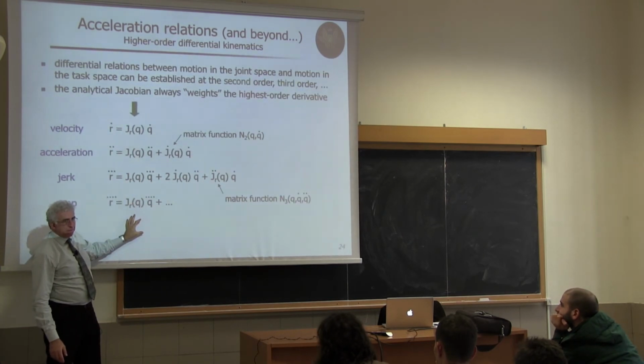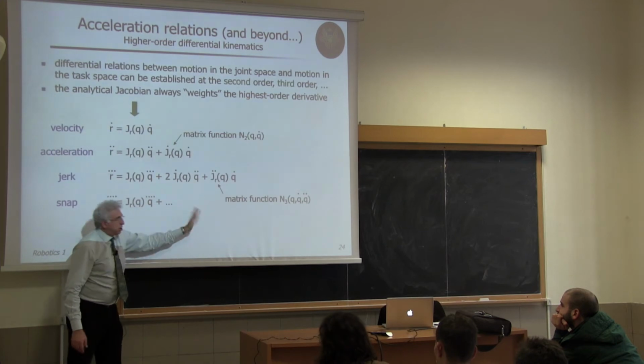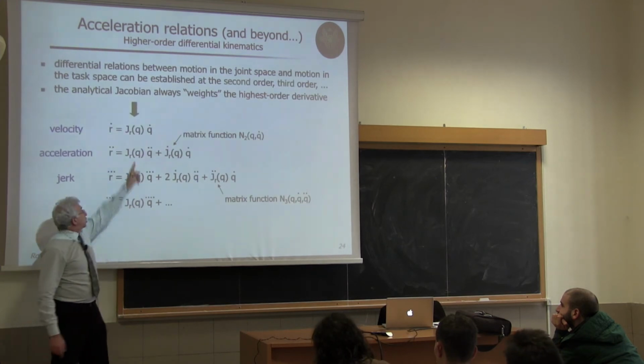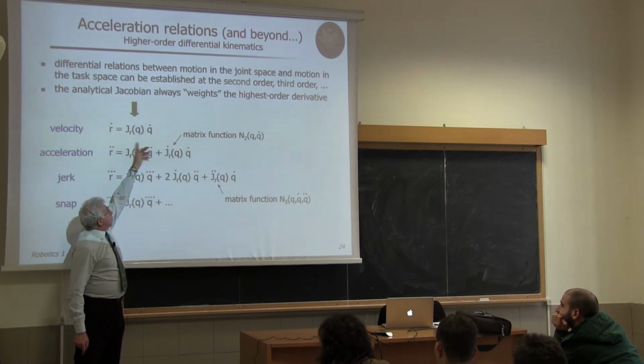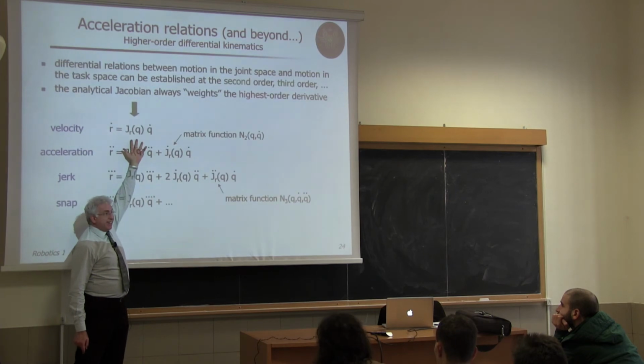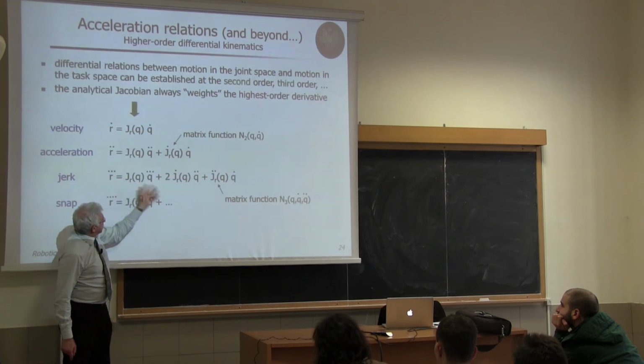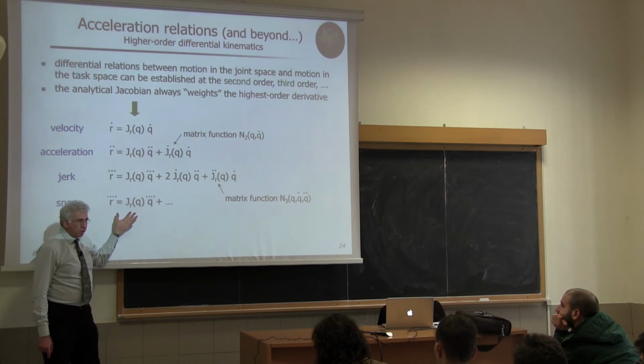Okay? So these are additional terms, but the Jacobian is always there, the Jacobian that you compute at the velocity level. This is why it's so important. And in fact, all information is already there inside the Jacobian because all the other terms come from differentiation of this. Okay?